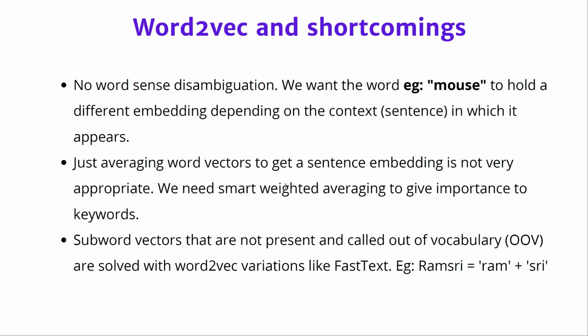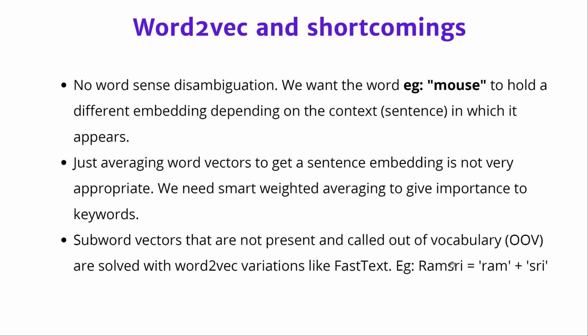After Word2vec came out, which is one of the first algorithms to do this word to vector conversion using neural networks, several variants came out, and one of the variants was called fastText by Facebook. What fastText does is that for a given word, if there is no direct entry available in the vocabulary to get the word vector, it is going to split that word into subwords.